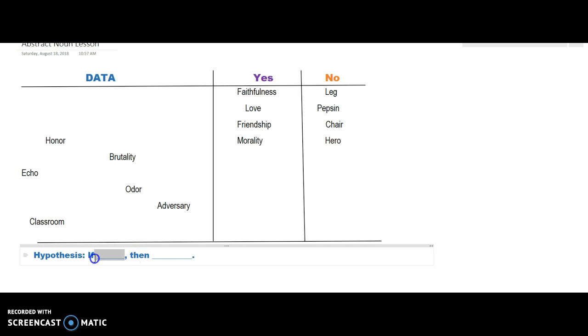Someone says, if you can see or touch it, then it's a negative example. Okay, if you can only feel it, then it is a positive example.